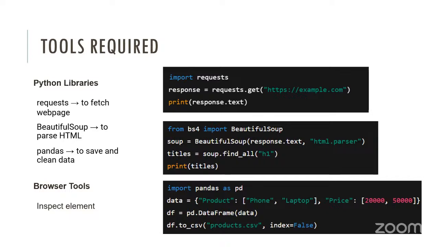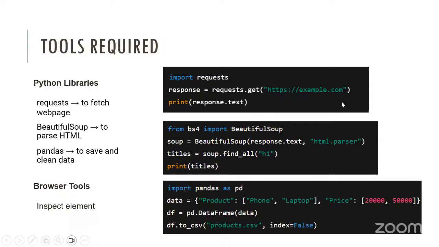Once we download the web page, we get a big block of HTML code. But this raw HTML is very hard to read and understand. So Beautiful Soup helps us to parse this HTML and find the exact part we need.